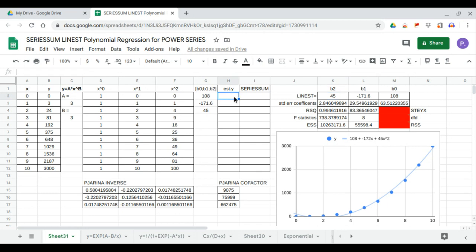Now we can calculate the estimated y, or y hat, which is MMULT of the x matrix and the coefficients.